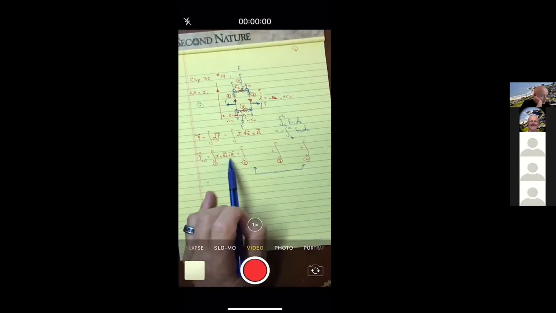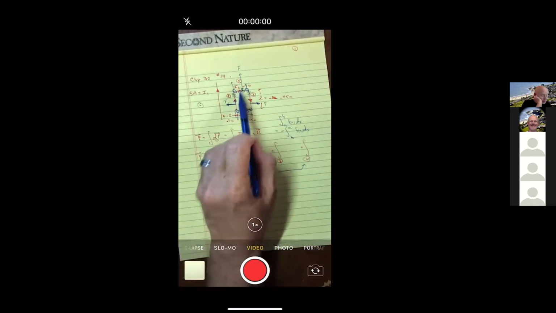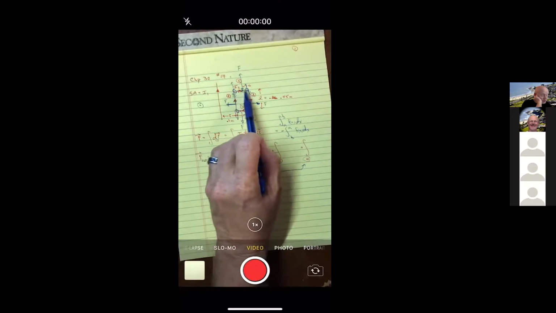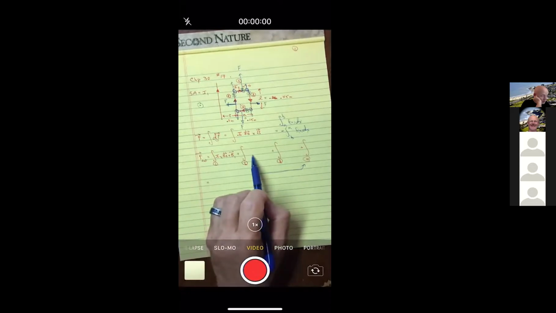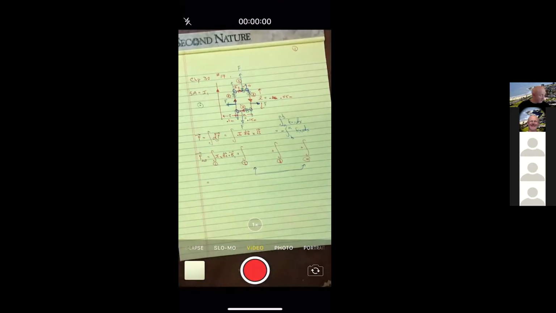I would be doing an integral along, left to right along the current for number 2. Maybe I'll even write that down.